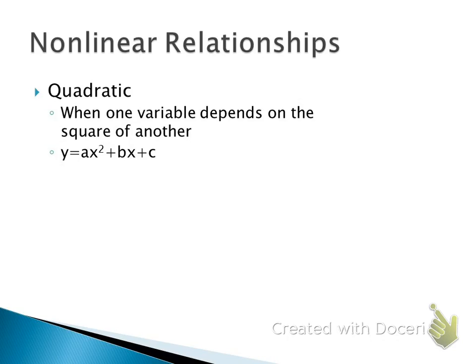So a quadratic relationship is when one variable depends on the square of the other. So we might have y equal to x squared, with x on our x-axis.